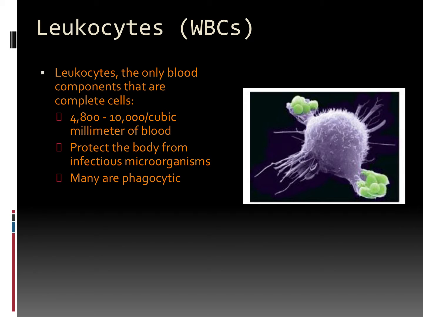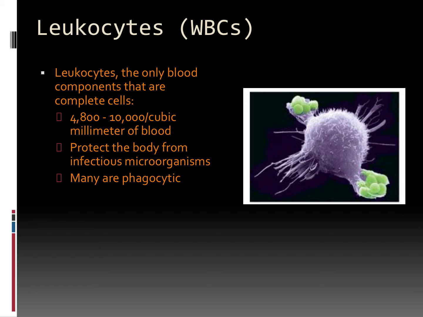They, remember, are part of the buffy coat when you spin the blood down, that very, very small fraction. So there's not usually very many in blood, about 5,000 or so per cubic millimeter.